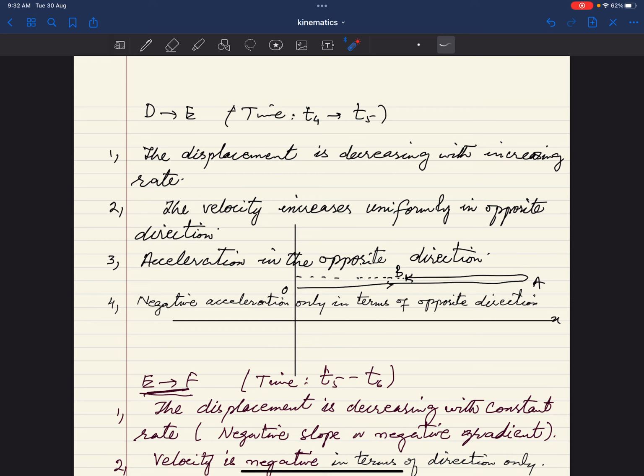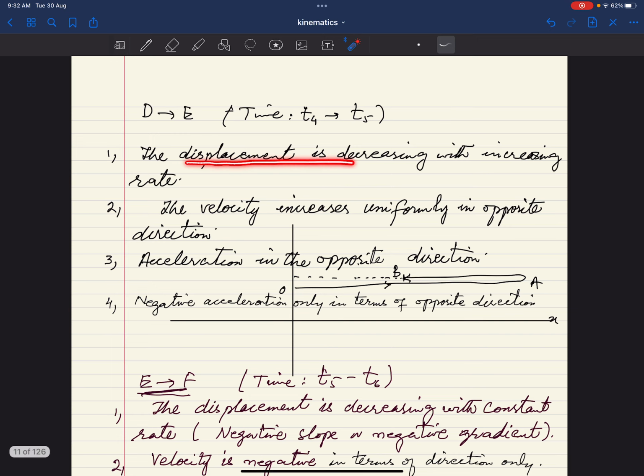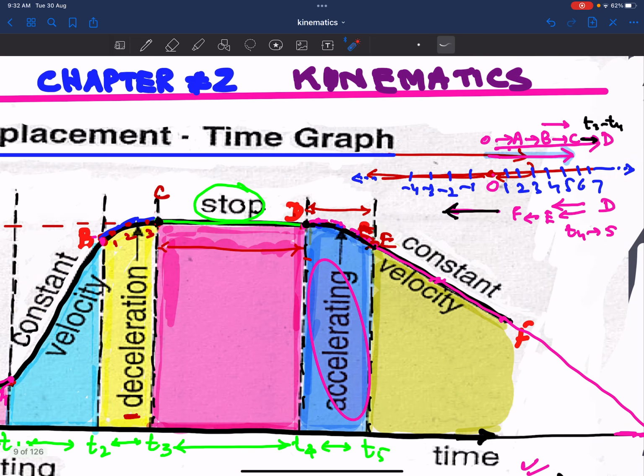Then from D to E, what has happened? The displacement is decreasing with increasing rate. Again the same thing, displacement decreasing doesn't mean that the displacement is negative. Displacement is decreasing means that you are coming back. So displacement is decreasing. So this is very important. Decreasing from where? From your origin.